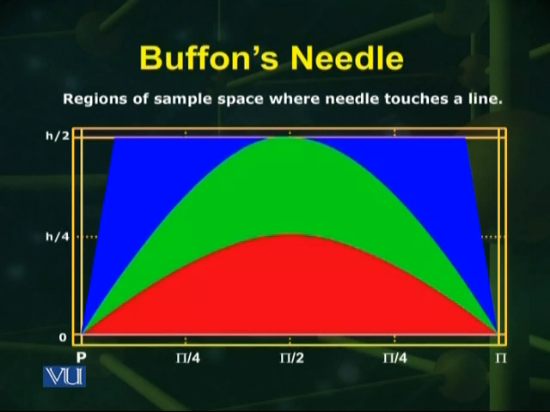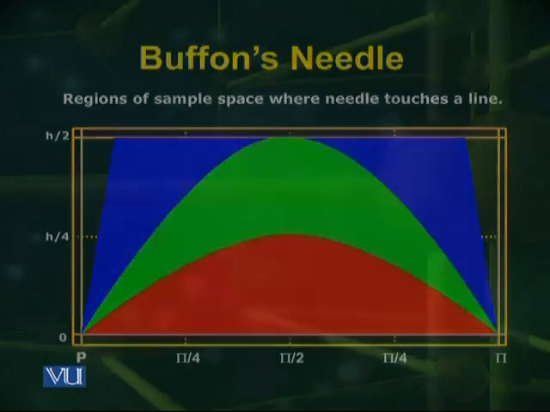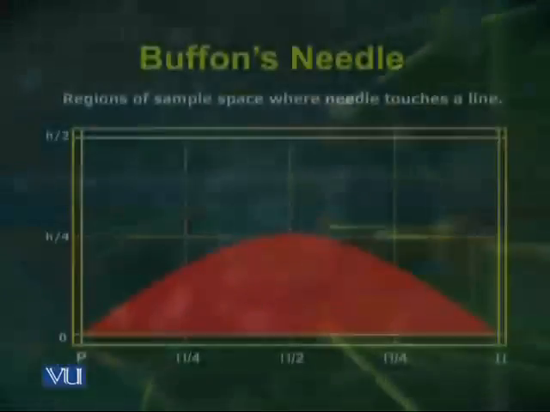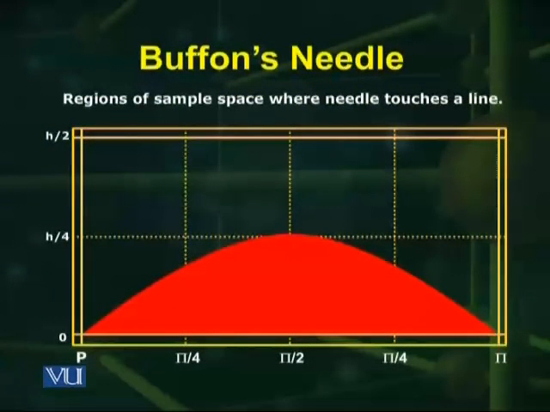For these particular cases, when the length of the needle is half that of the spacing between parallel lines, the probability of the needle touching the line comes out to be 1 over pi, which is 31.8%.